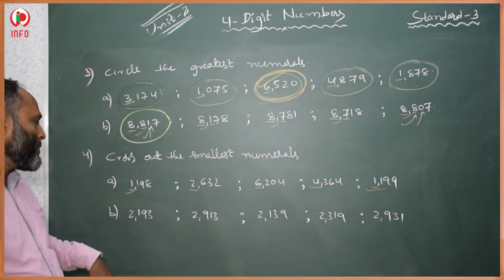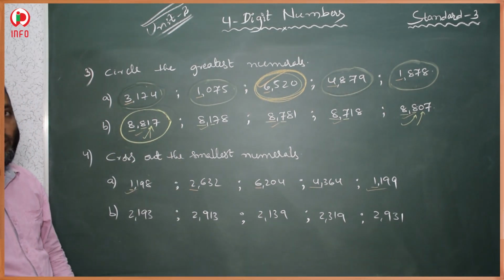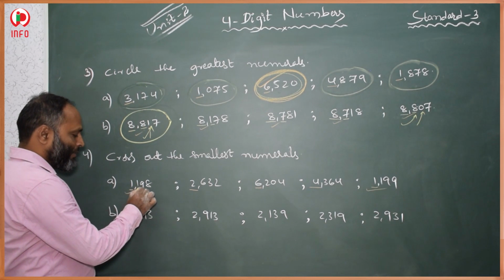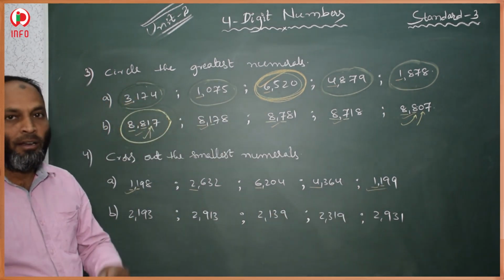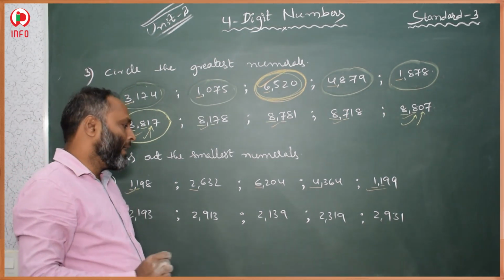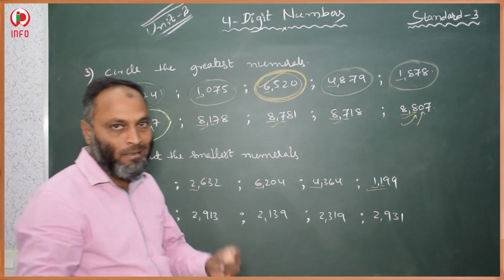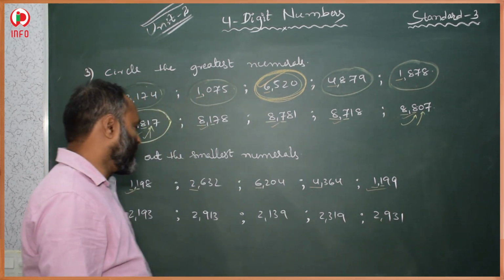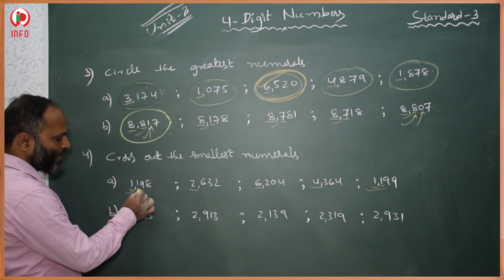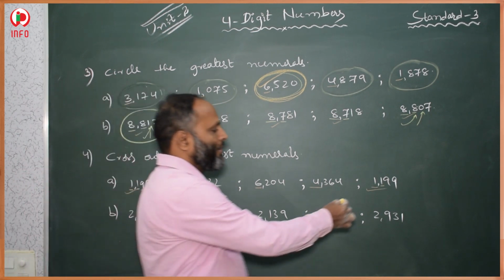So again in these two numbers we go for hundreds value. Hundreds, 1 is here and 1 is here. Again in these two, the hundreds place value is also the same. If both the thousands and hundreds are the same, then you go for tens place value. What is there in tens place value? 9, here also 9.